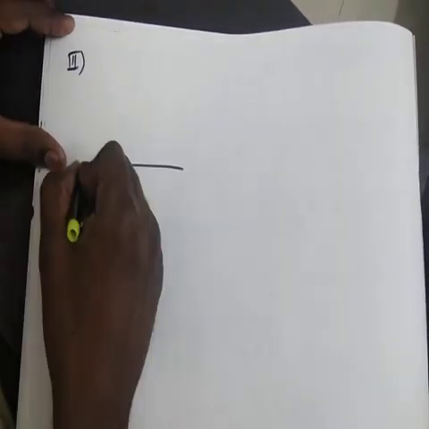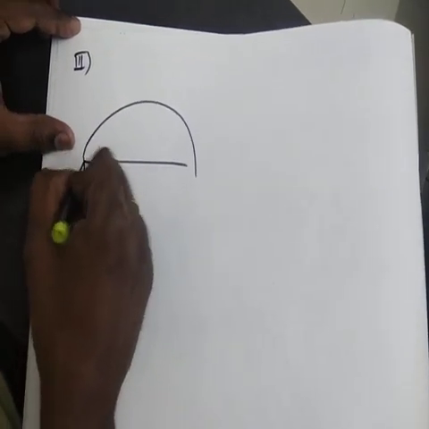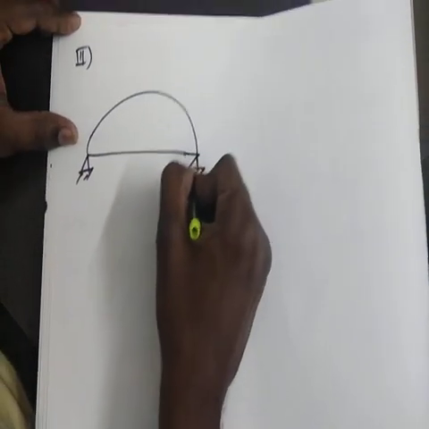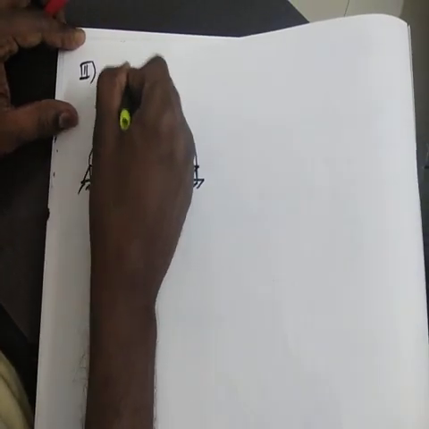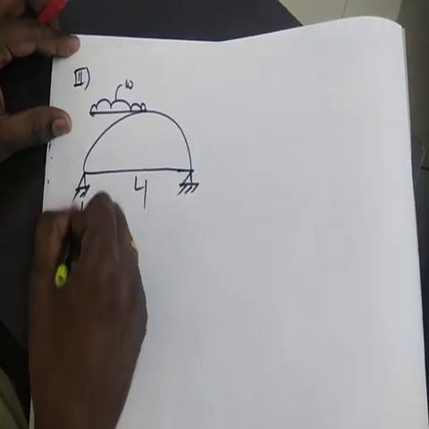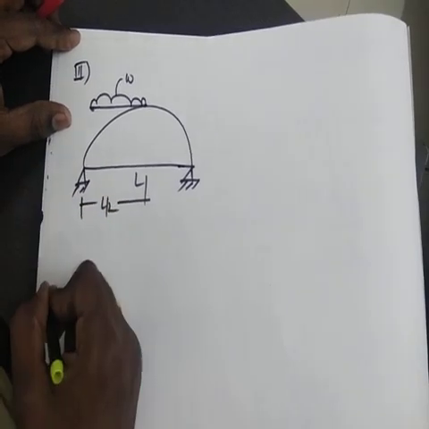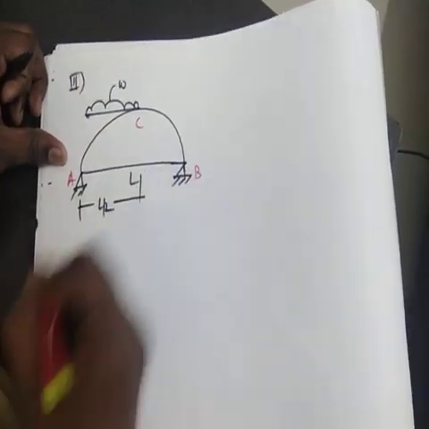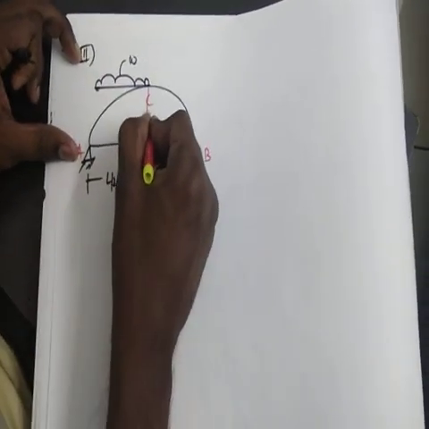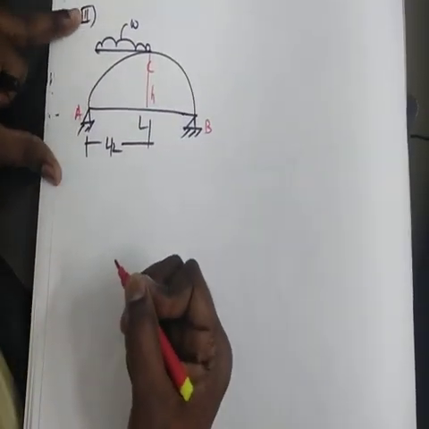Now we will discuss the third derivation, that is the two-hinged parabolic arch. Suppose this is a two-hinged parabolic arch subjected to UDL W on the half span L by 2. Clear? So this is A, this is C, this is B, and the central rise is of course h.